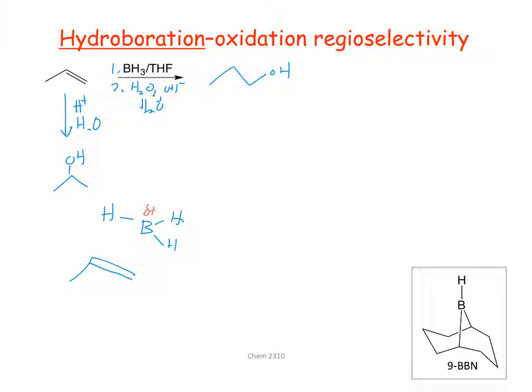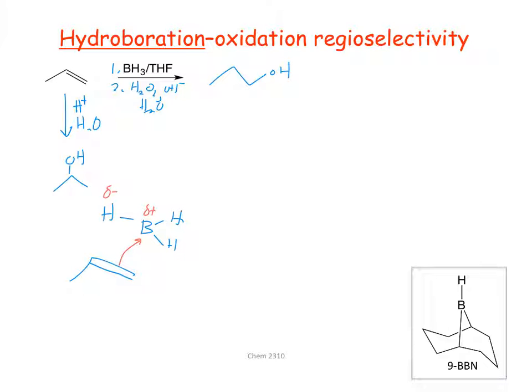So we have a delta plus on the boron and a delta minus on the hydrogen. So when the pi bond reacts with an electrophile, in the past it always reacted with a proton, but now it's going to react with the boron side.